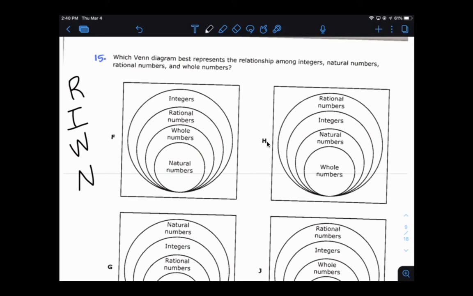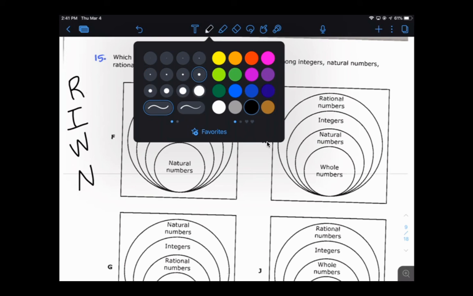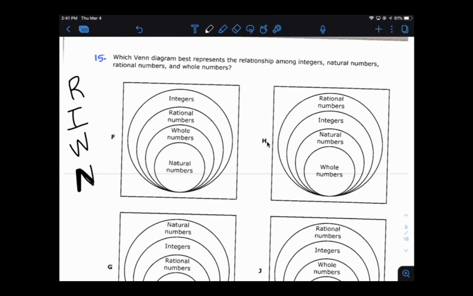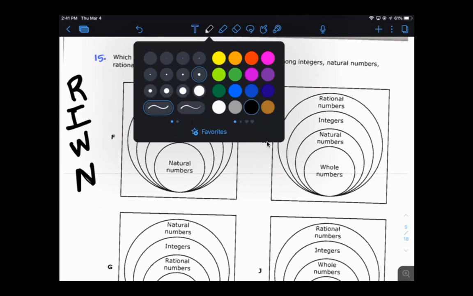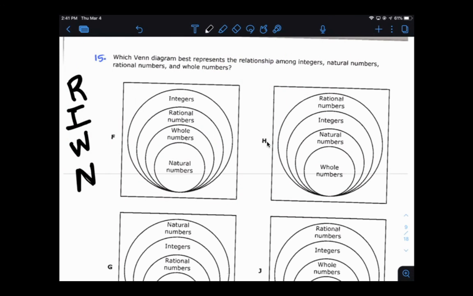I remember you did say, oh yeah, you can think of never walk in reverse, right? To remember the order of the group of numbers: N stands for natural numbers, W stands for whole numbers, I stands for integers, right? And R for rational numbers. So you have to follow that order to have the Venn diagram correct.